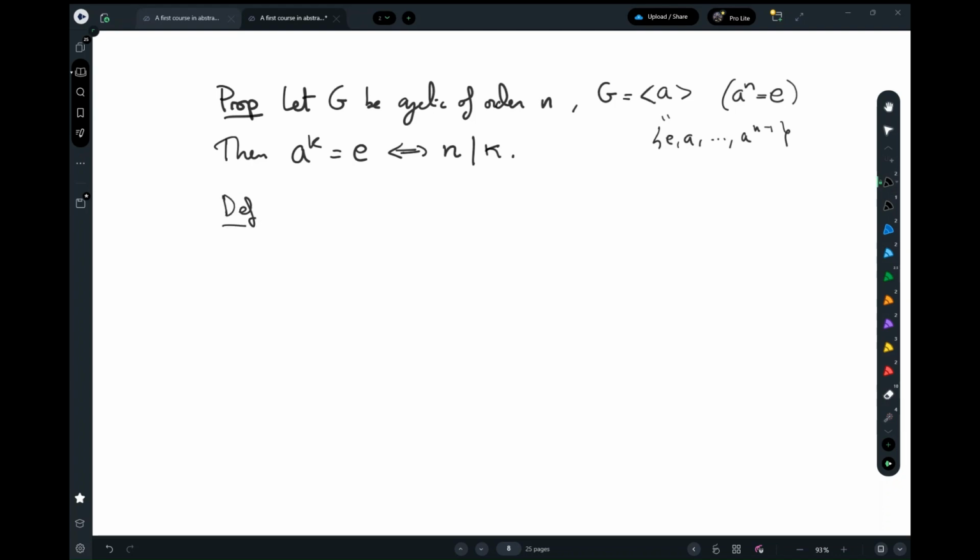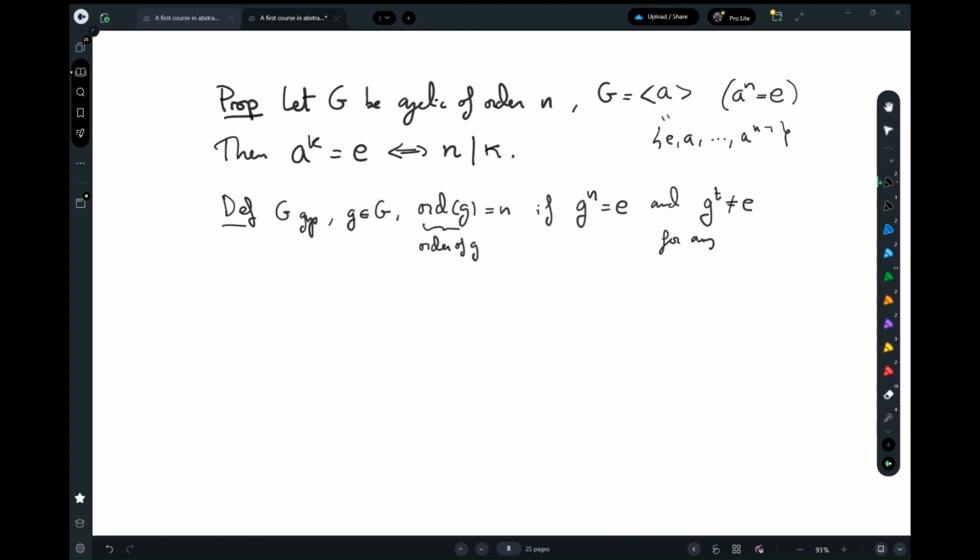We're going to say that if G is a group and I have an element g in G, we say that the order of g is n if g to the n is e, and that doesn't happen any sooner than that, and g to the t is not e for any t with 0 less than t less than n.